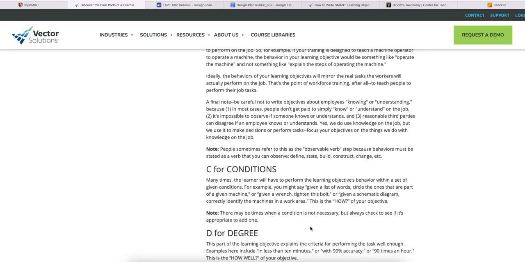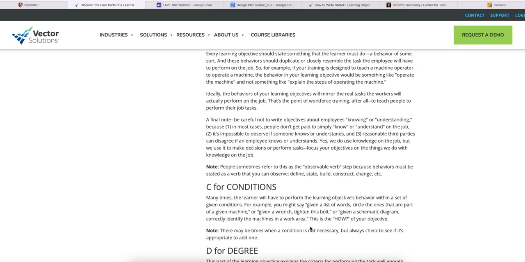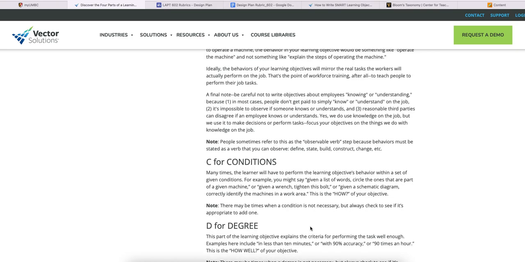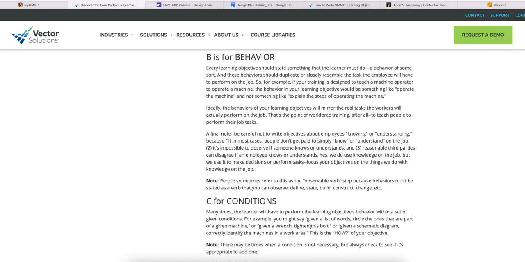The conditions, the C of your A, B, C, D objectives, are all of the conditions you will meet or all of the circumstances that your course will provide to ensure that the behavior is achievable.